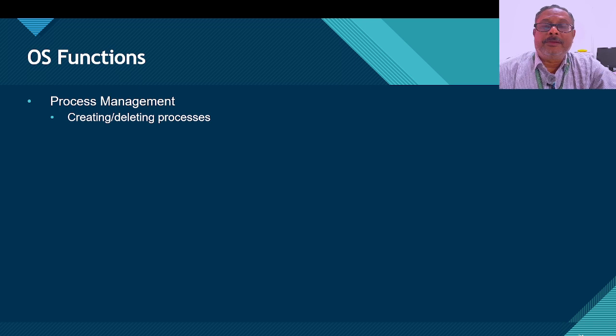This whole thing is done under what we call creating a process. And once the work is done, then we need to free the memory, we need to give the space for others to occupy. So the deletion of the process is also under the process management system.